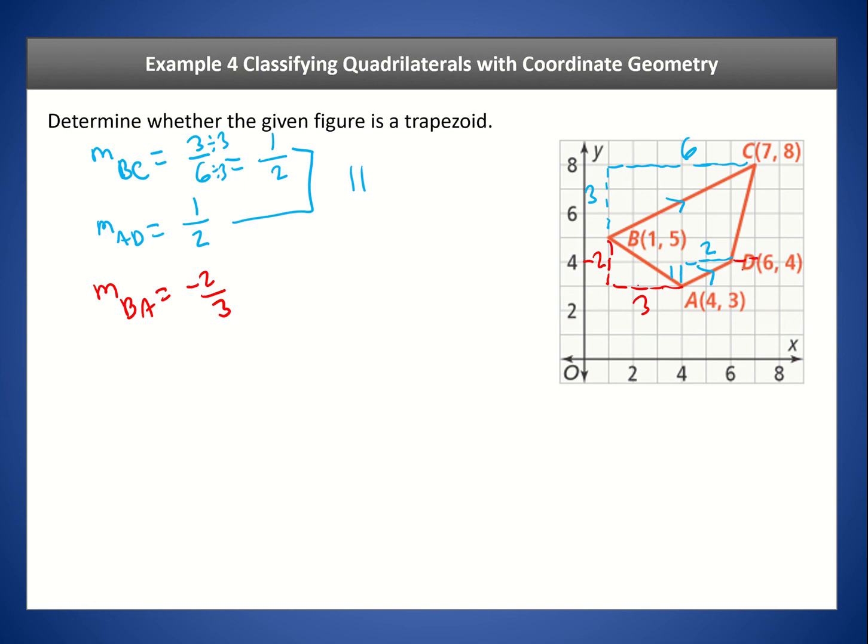Now we're gonna go run 1 and rise 1, 2, 3, 4. So the rise of 4 over 1. So we got the slope of DC is rise over run. And notice that these are not equal to each other, so they're not parallel, right? So therefore the 2 legs are not parallel, but the 2 bases are parallel, which makes this a trapezoid.